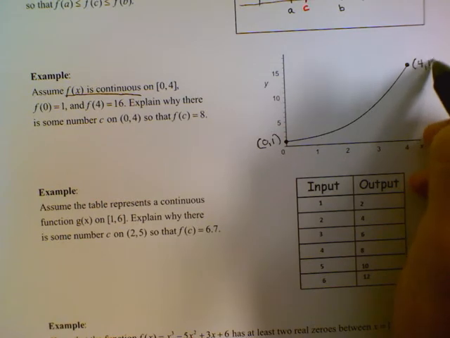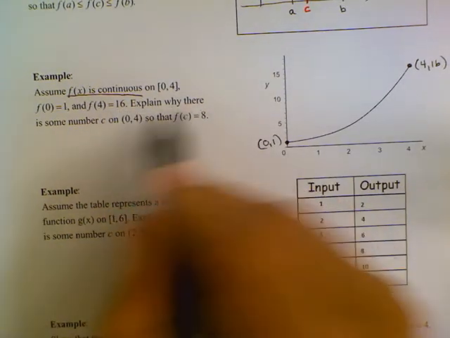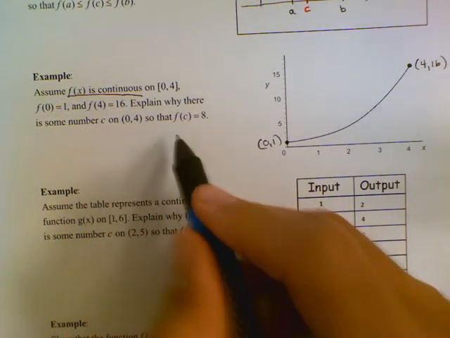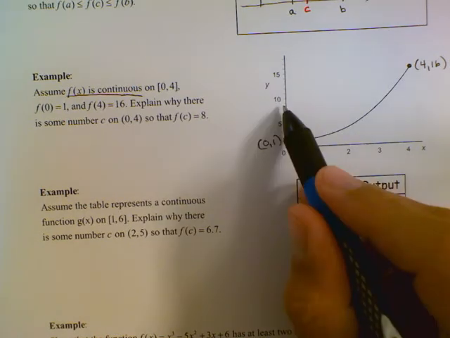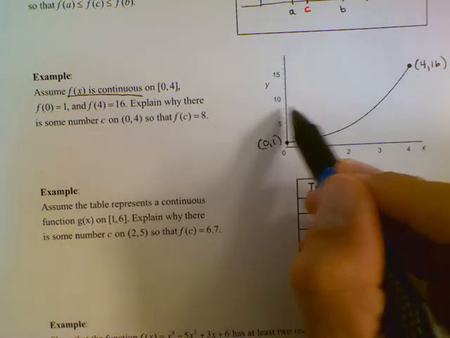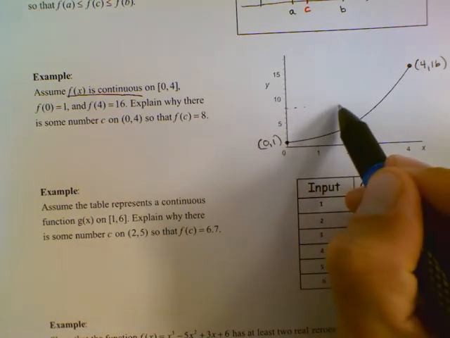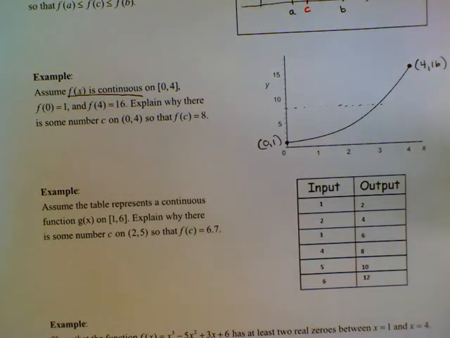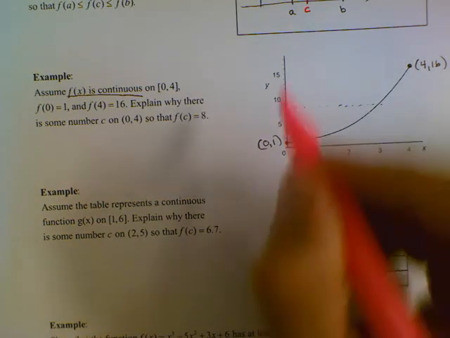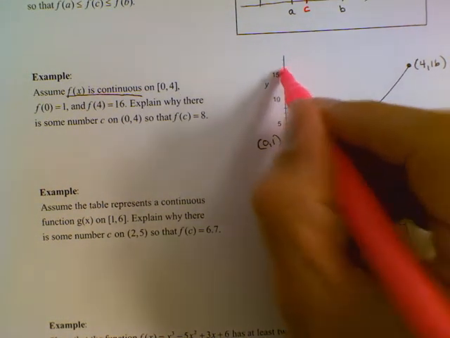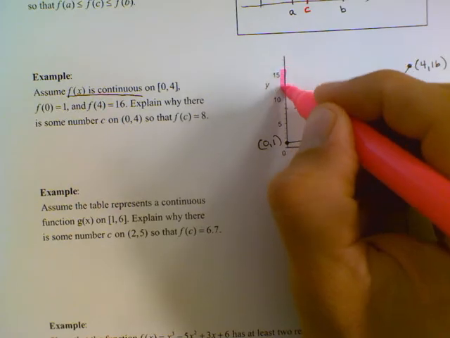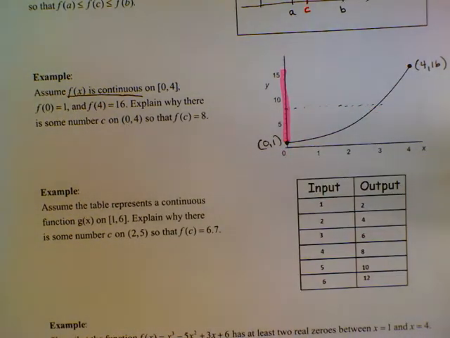And it says that we need to explain why there must be some value so that I get 8 as a result. 5, 6, 7, 8. So we can tell logically that 8 is between 1 and 16, right?